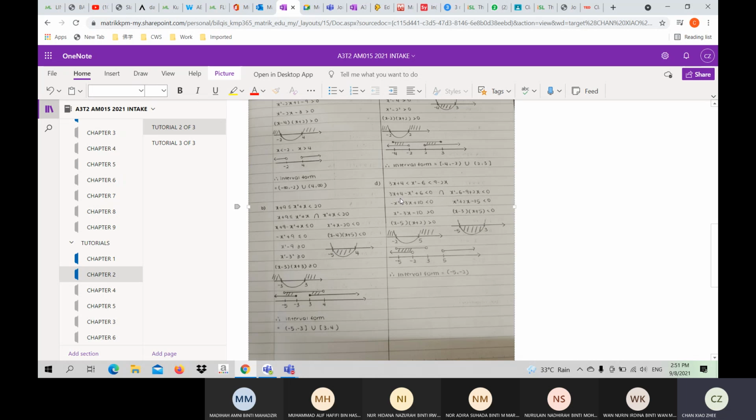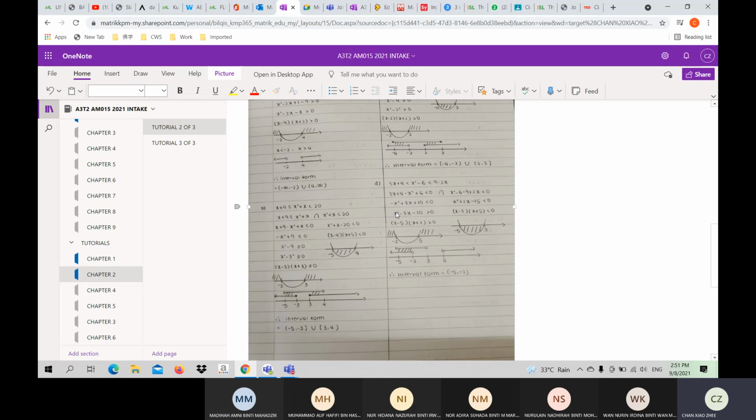So, 3x plus 4 minus x squared plus 6 smaller than 0 intersect x squared minus 6 minus 9 plus 2x smaller than 0. Then, solve this linear inequality will become minus x squared plus 3x plus 10 smaller than 0. So, macam tadi juga negative sign kita tukar jadi positif akan lebih memudahkan kita untuk menyelesaikan linear inequality ini.